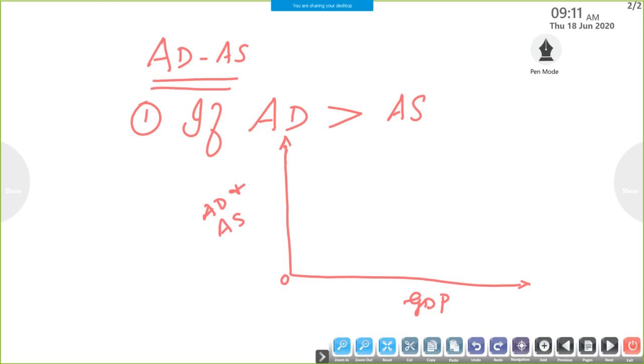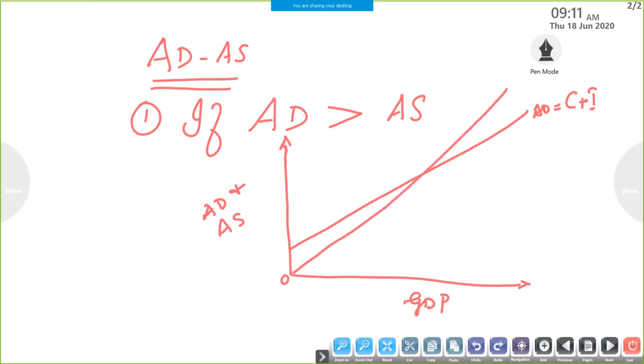Okay, the AD curve starts from the y-axis, AD that is equal to C plus I. Then AS is the 45-degree line.